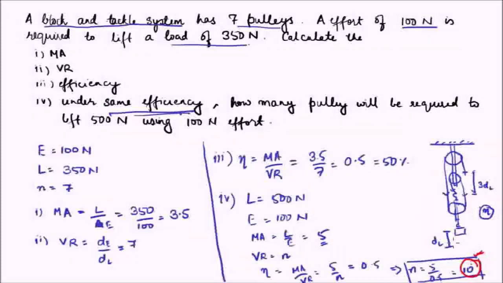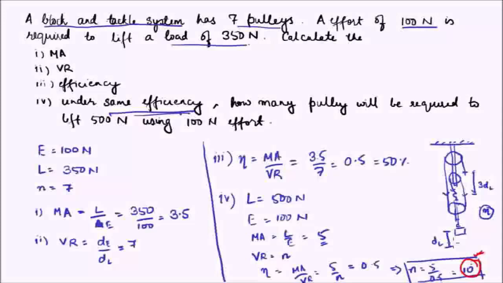So I get that under the condition of same efficiency, to lift 500 newtons using 100 newton of effort, I will require a 10 pulley system. So 10 pulley system is required to do this. Okay, we have completed this question.